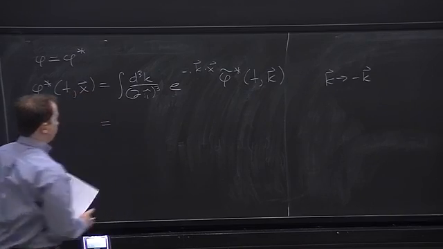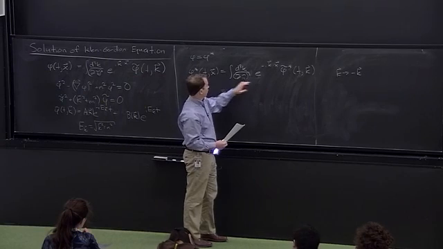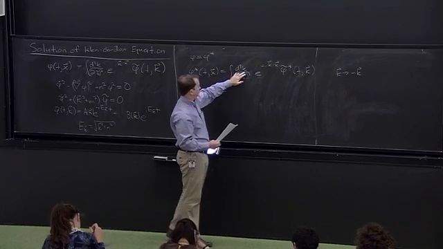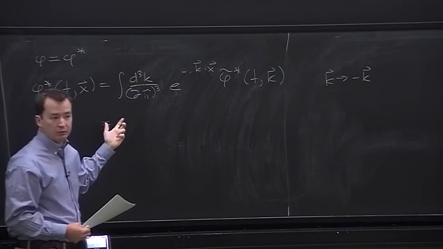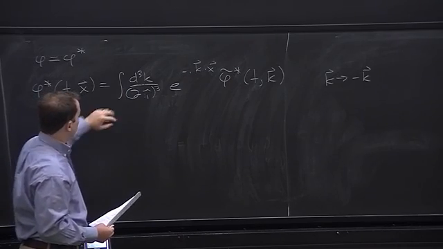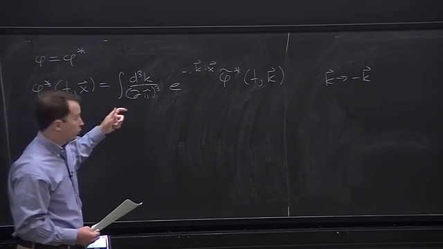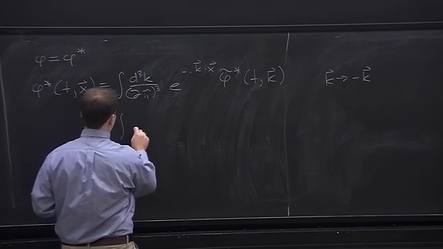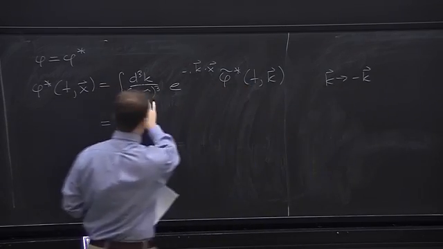What we need to worry about is what happens to the measure. So if we take k to minus k, for each of the 3 spatial directions, we get a minus sign from flipping the direction of k. But we also change the limits, and if we put the limits back in the original order, we get another 3 minus signs. So the net result is that if we take k to minus k, the measure is unchanged.